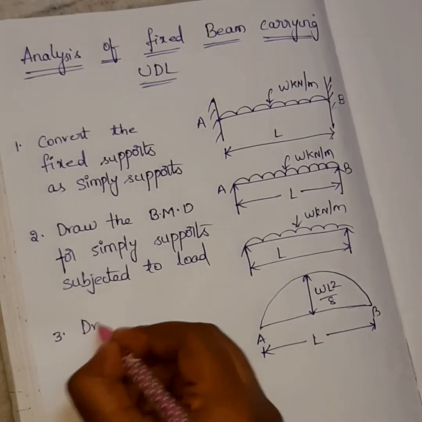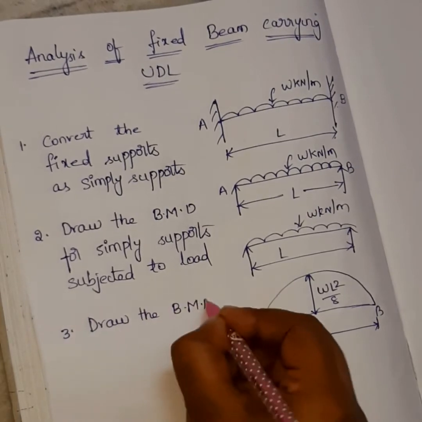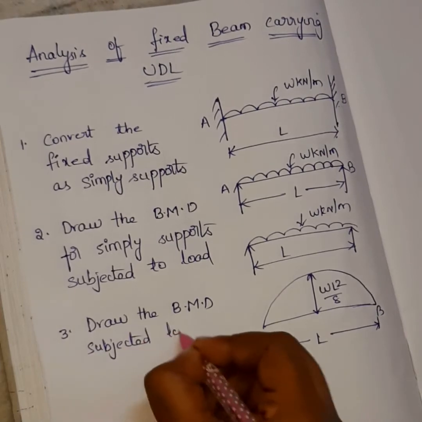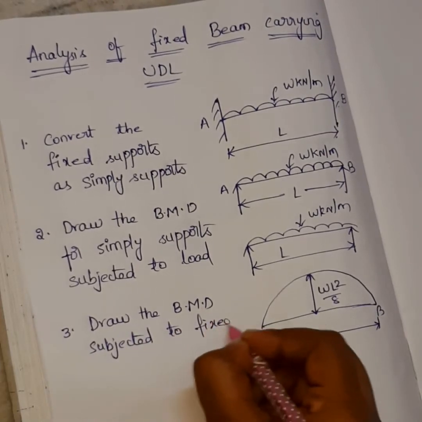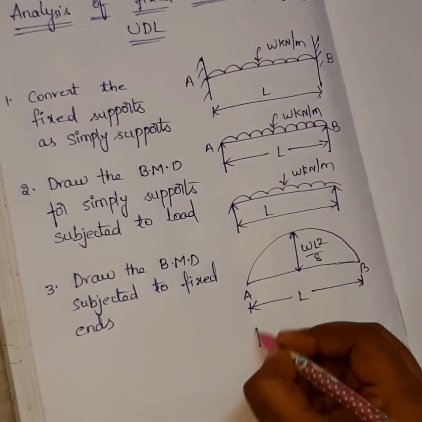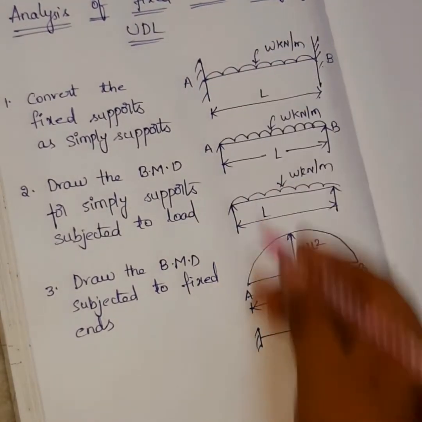Draw the bending moment diagram subjected to fixed ends. So that means only fixed ends. For only fixed ends, how will the diagram come? Fixed end means the moment will be acting.